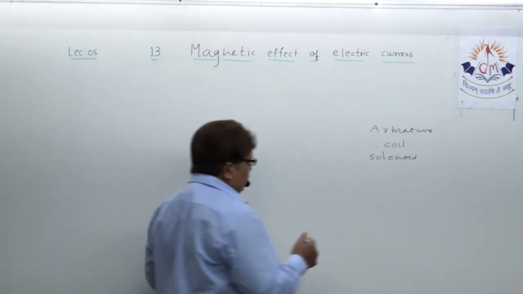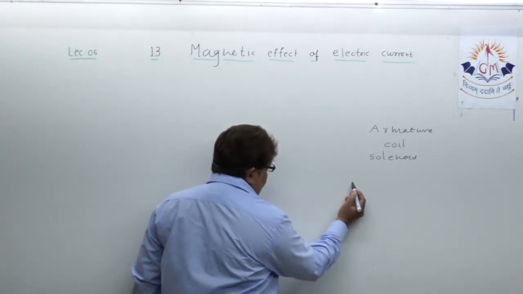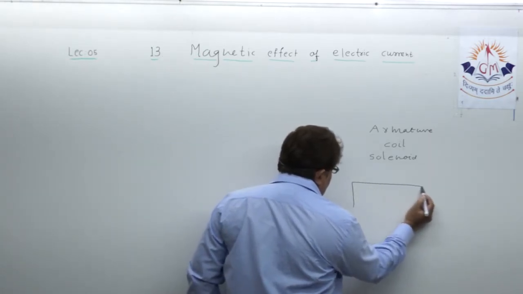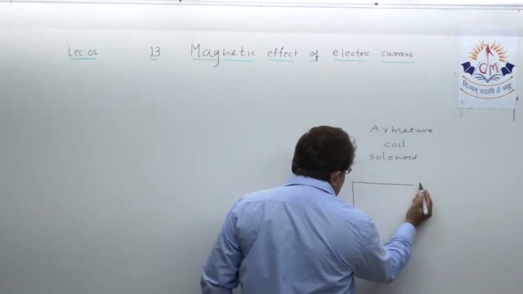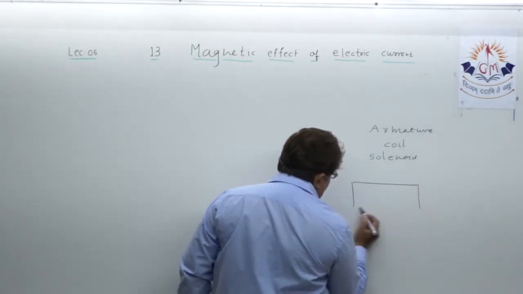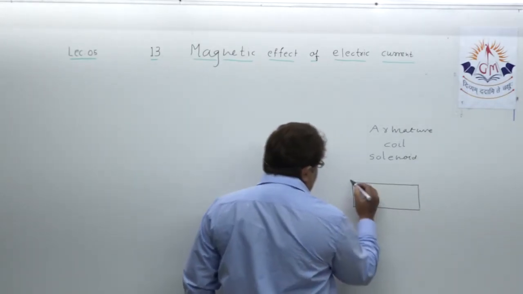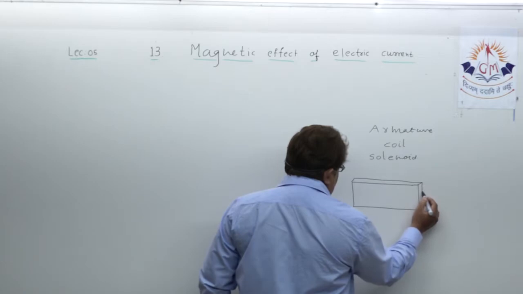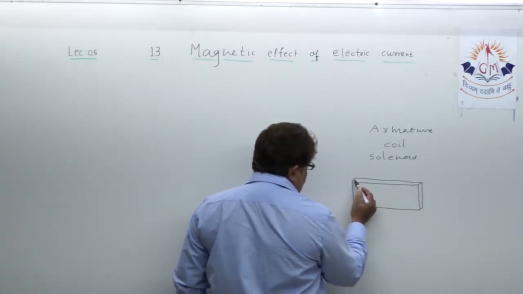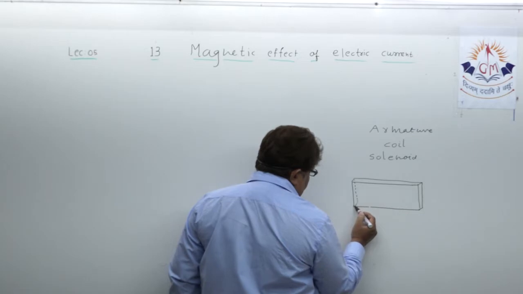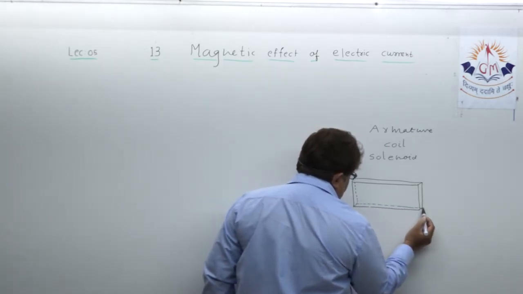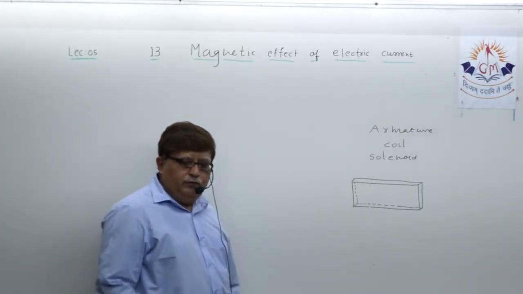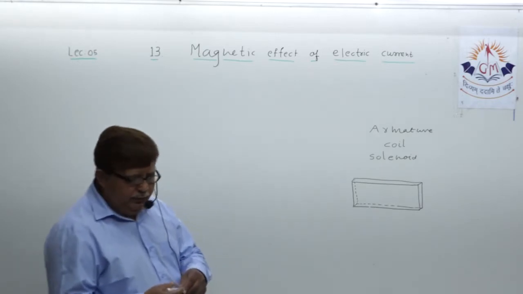Understand, suppose you take a hollow rectangular piece of soft iron, suppose this way, this is hollow rectangular, understand, a hollow rectangular strip, though we can't say, but a rectangular piece of soft iron, suppose you have taken.